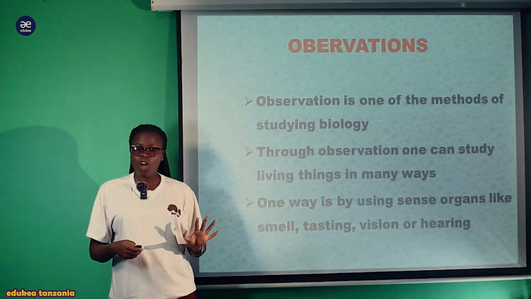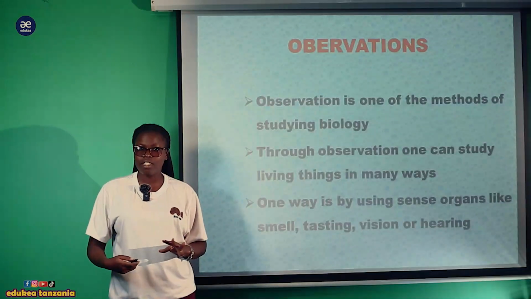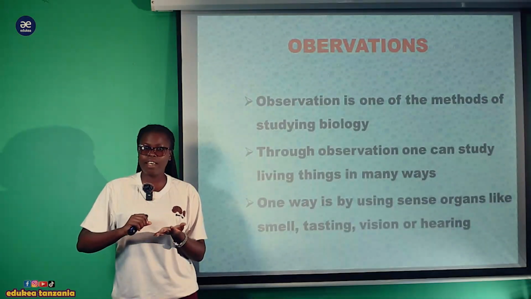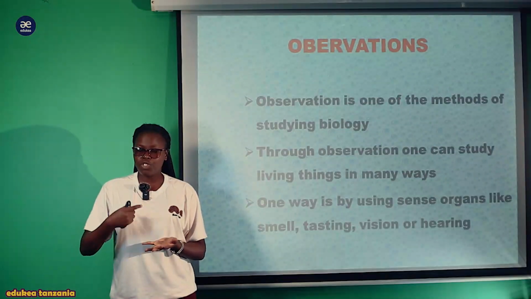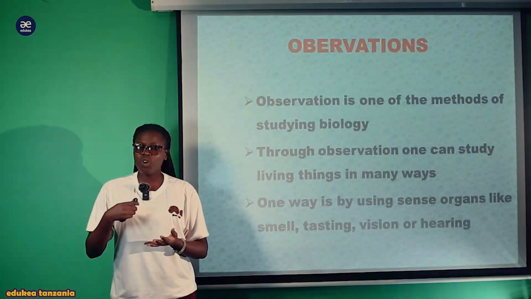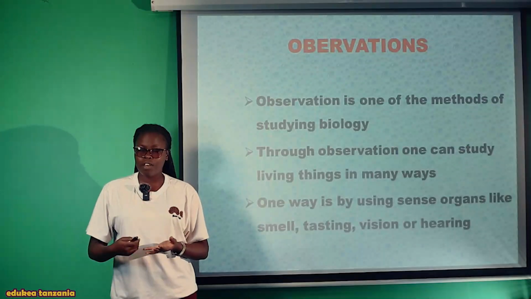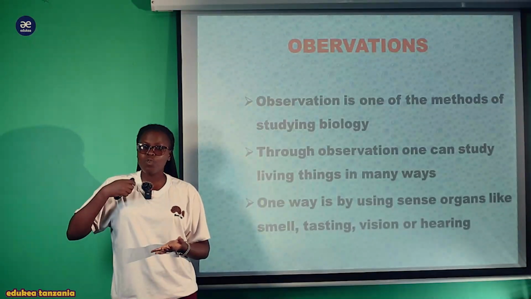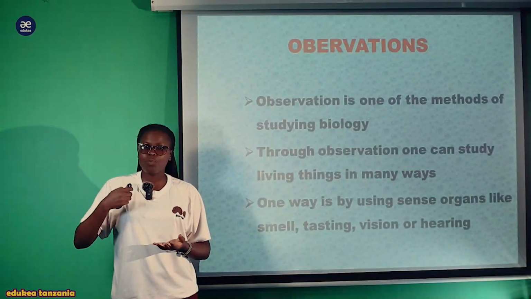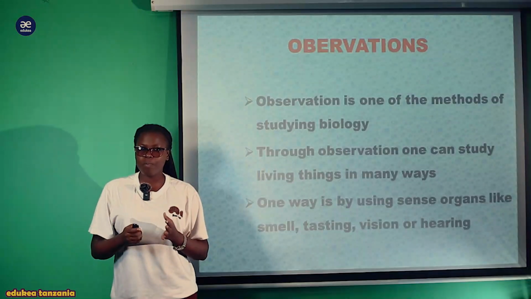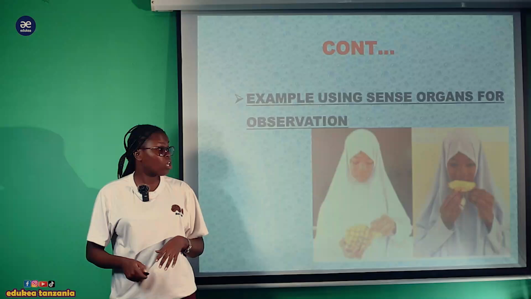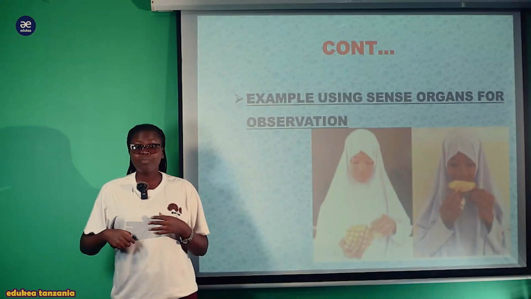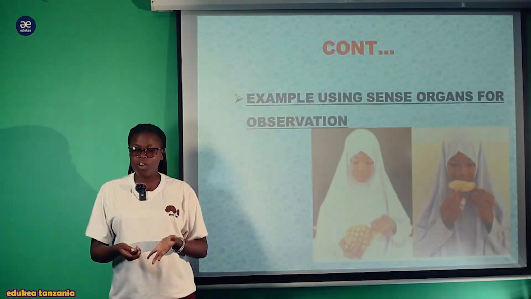Also, you will use your skin, by touching, to feel the texture of that particular shell. That is all about observation. And in order to be a good scientist and a good biologist, you have to be a good observer.